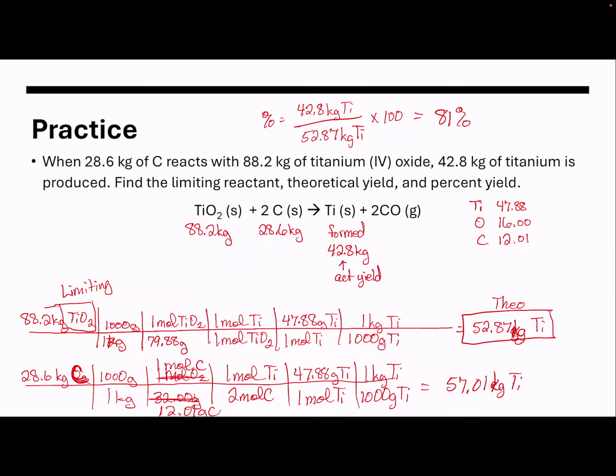Because that was the smallest, that is your theoretical yield. The theoretical yield can be backtracked to your limiting reactant. That is the reactant that's going to run out first. I also use the theoretical yield in the percent yield calculation, which is actual yield, which has to be given to you, divided by theoretical yield times 100 to get 81%.